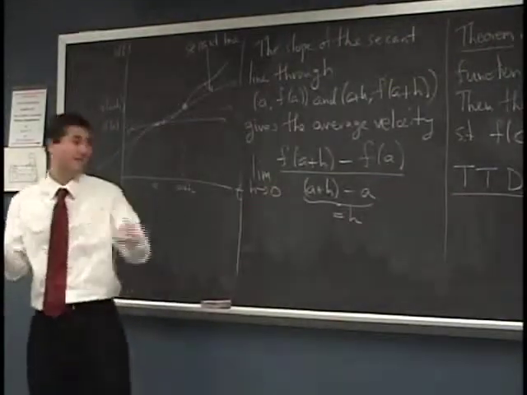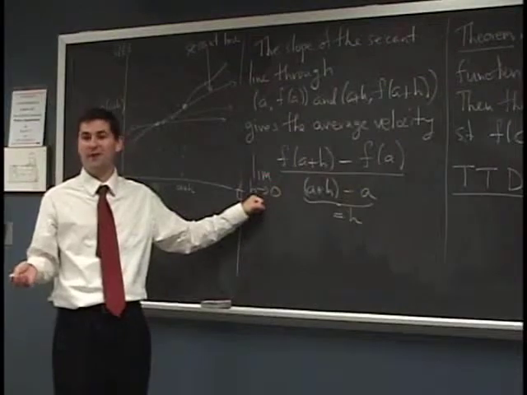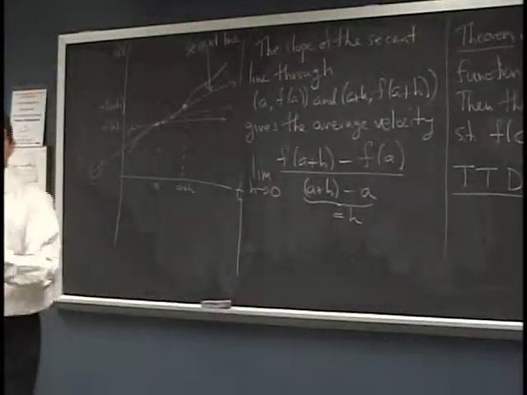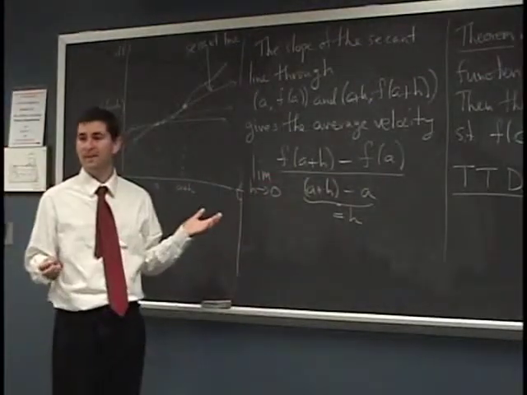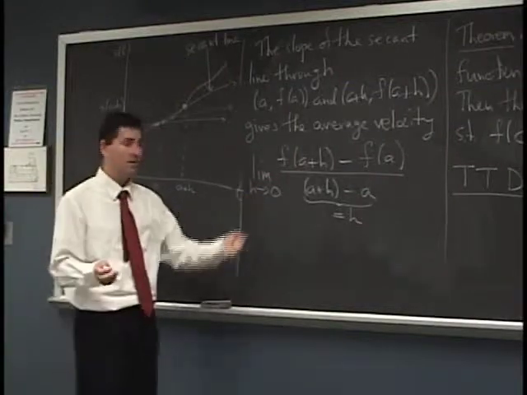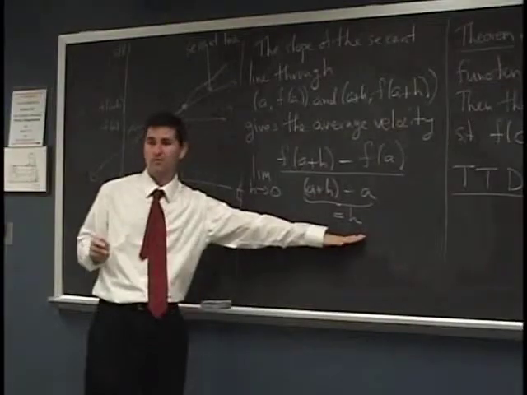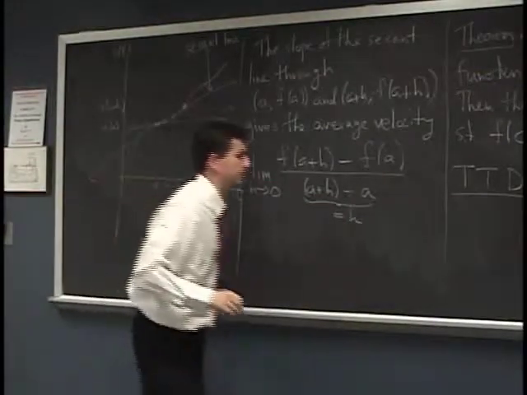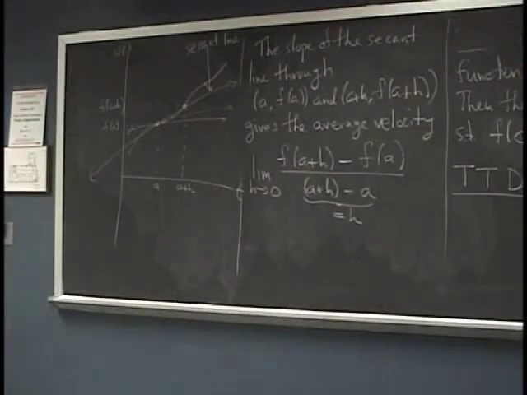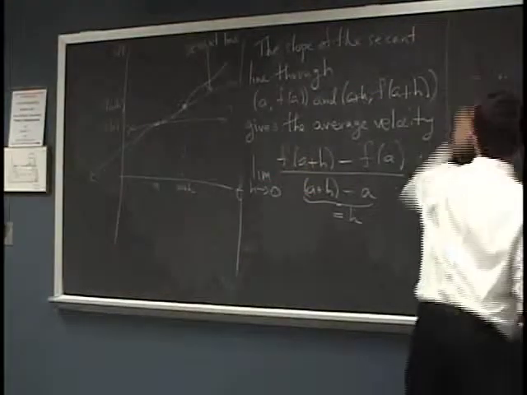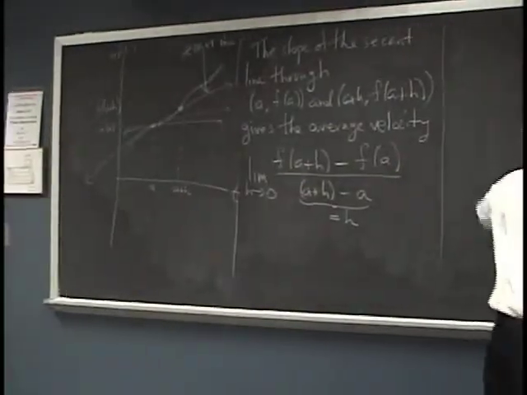Well, because the limit doesn't let you put 0 in for h. The limit is set up to solve this problem. It's specifically designed to look at what it's getting closer to, but never actually allowing this h to be 0. So let's see how we use it.